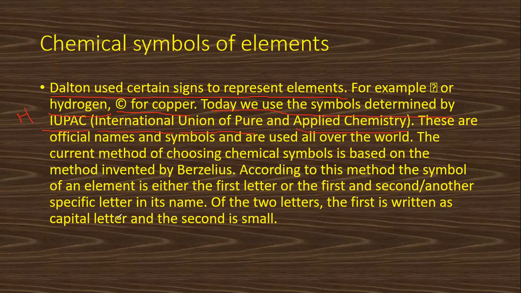The first is written as a capital letter and the second as a small letter. Same for carbon: for carbon we are using C. So it's not possible to use C for copper; for copper we use a different symbol. Is it clear?